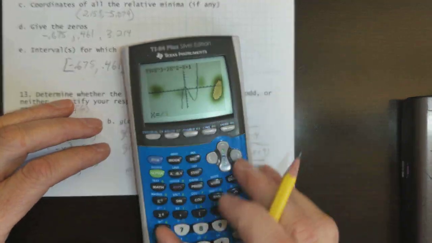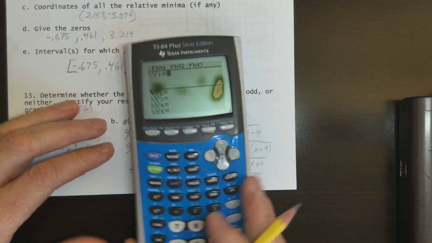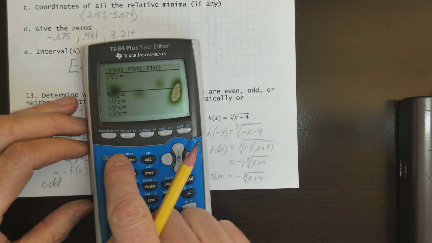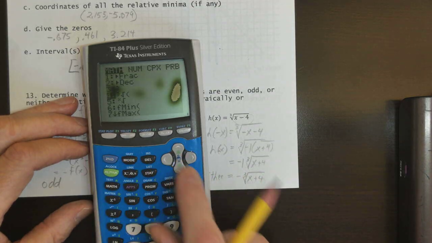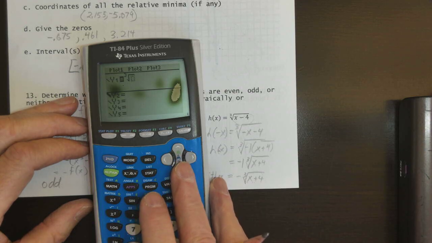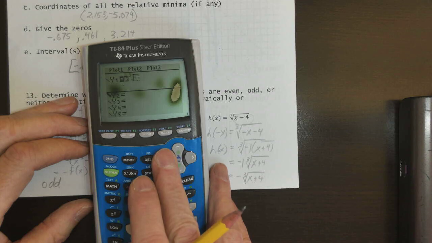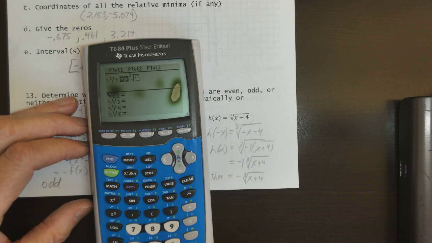And if I graph y equals the cube root, math, number 3 here. I didn't put a negative in there, so we'll put it here.